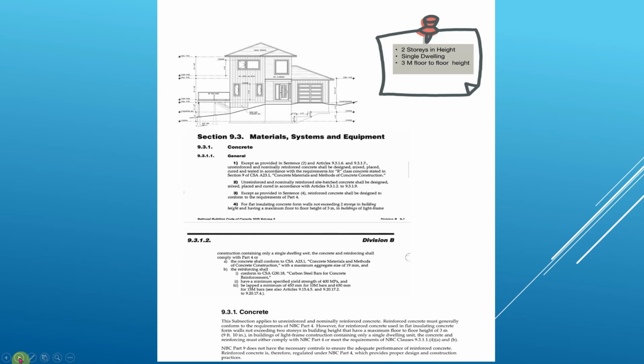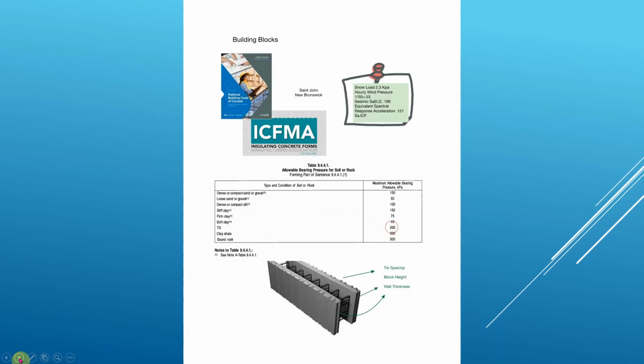And we'll go back into this, there is some talk about minimum lapping of bars and those things in that material section. Now, a couple of things we do need to know: the climatic data for your area, and that's found in the National Building Code or in the ICFMA manual.